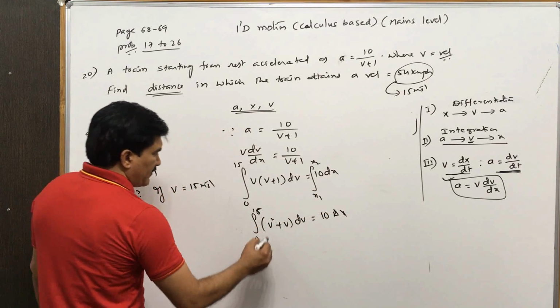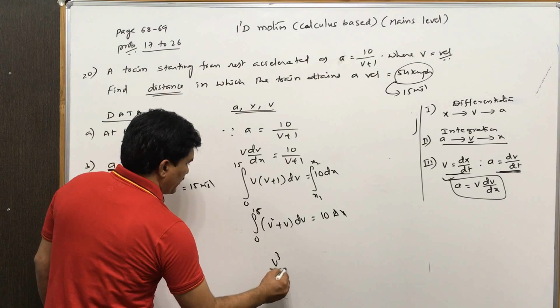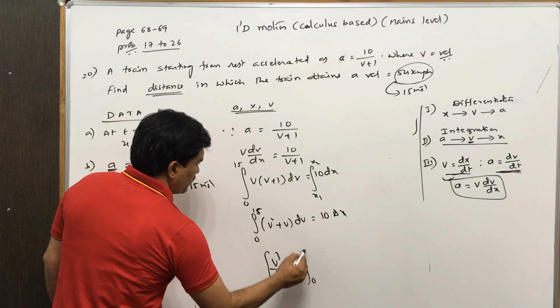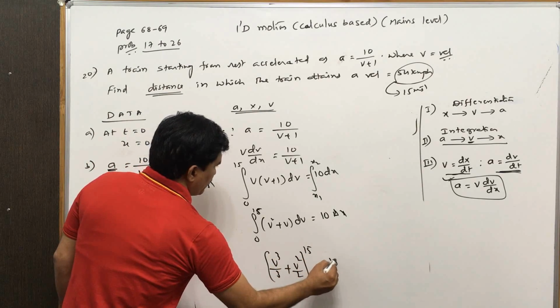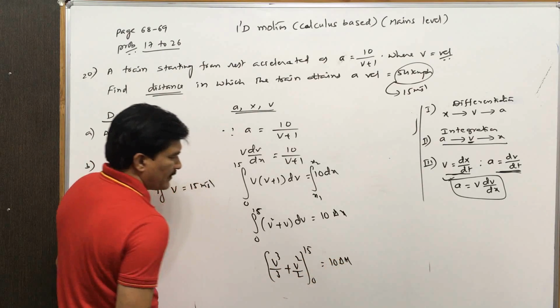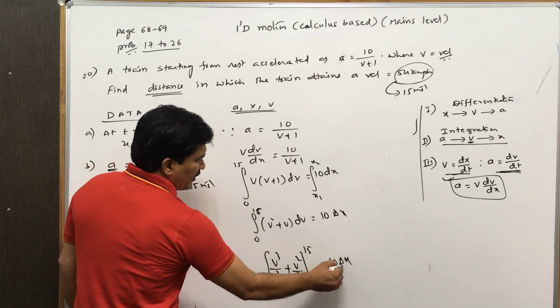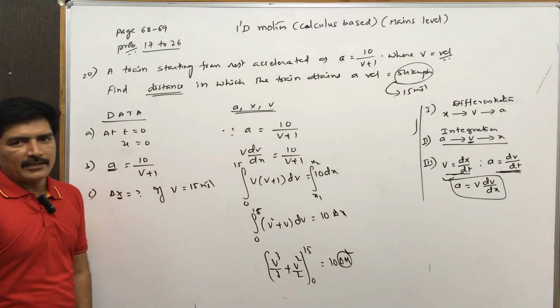For v square, the integration is v cube by 3, plus for v the integration is v square by 2, from 0 to 15, that is equal to 10 into delta x. Substitute upper limit first, then lower limit, and you can calculate delta x directly.